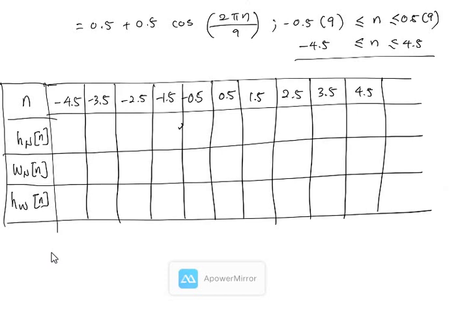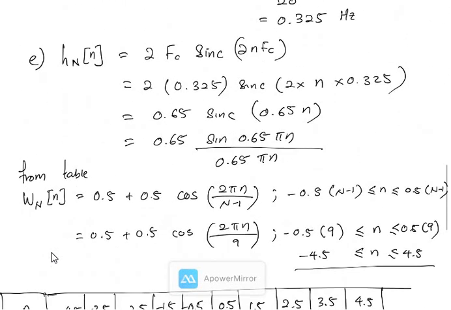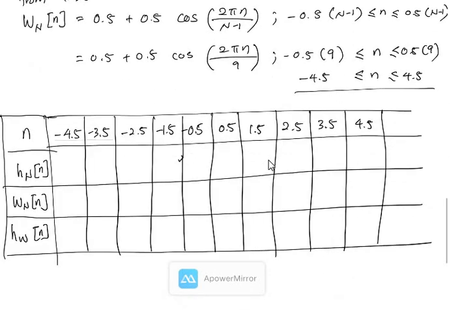Okay, so for the h-hat[n], we have the formula from here: 0.65 sinc(0.65 π n), that is sin(0.65 π n) divided by 0.65 π n. So the n here you substitute with the value here. For example, you start with negative 4.5 first. You substitute in the n, then you get 0.0165, and then for negative 3.5, I get negative 0.0691.